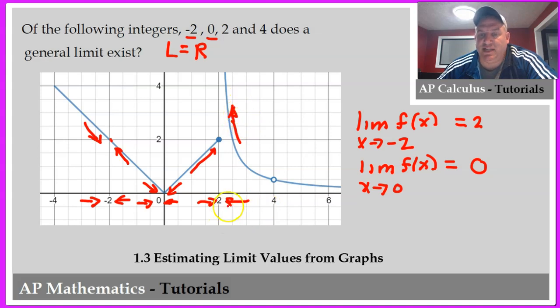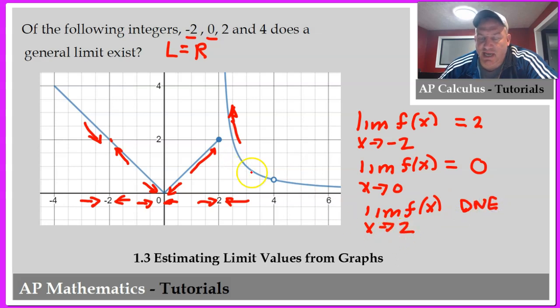So since my left-hand limit is 2 and my right-hand limit is infinity, the general limit does not exist. So the limit of our function f of x as x approaches the integer 2 does not exist.